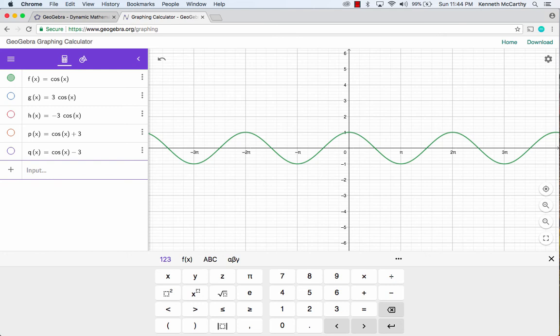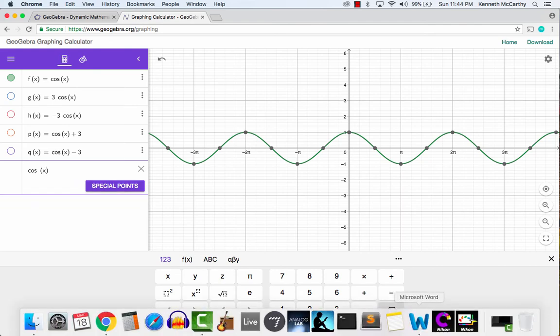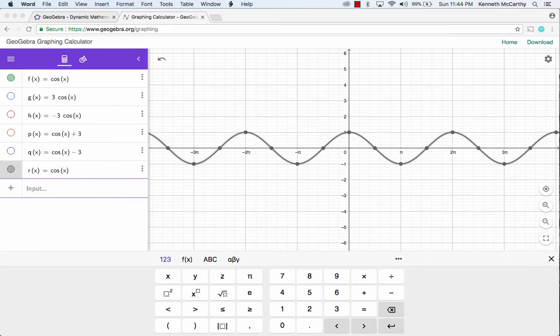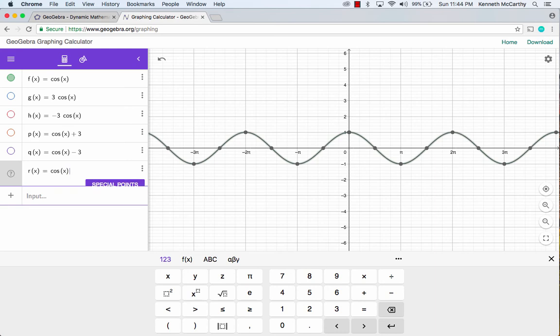It's good to have the comparison of the original, that's why they call it the parent, with the offspring, because we're building functions today. So we do cosine of x, is it plus or minus? I believe it's plus 3 in the parentheses. Just want to make sure I'm consistent here.